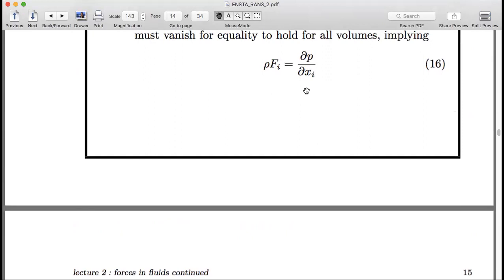So let's write it in vector form. How would that look in vector form? This is an exercise we can do together.